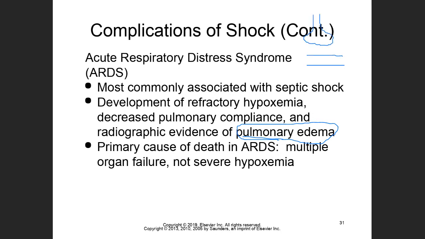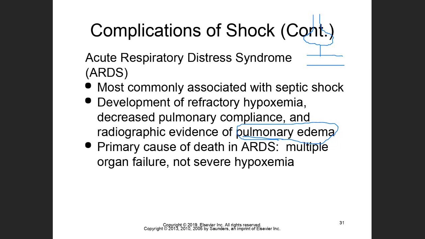If you have edema, this part right here, so this part right here, do you get septic shock and then develop this? Yes, exactly. Let me see, somebody, do you get septic shock and then develop this, or get ARDS first and then, no, you develop septic shock and then ARDS.